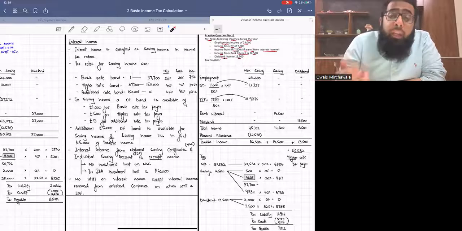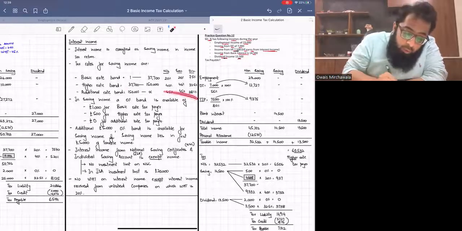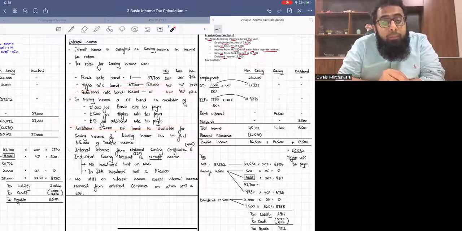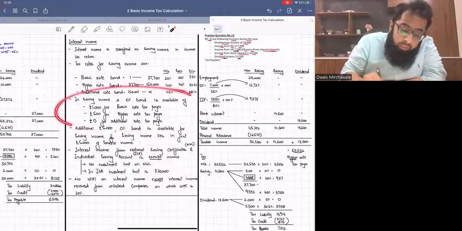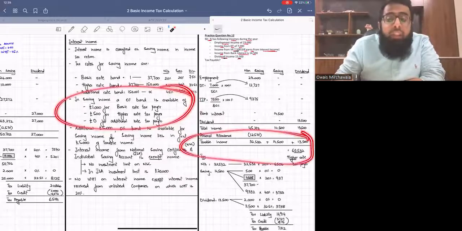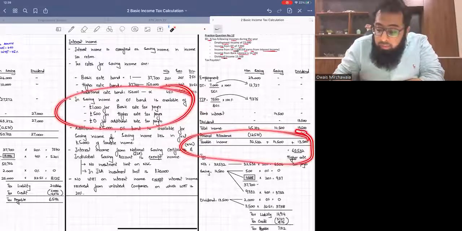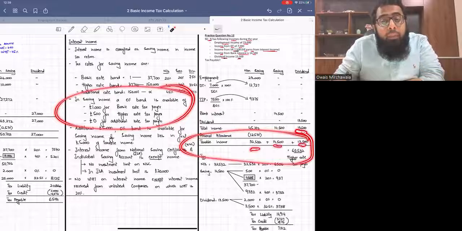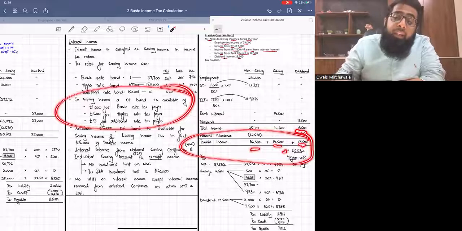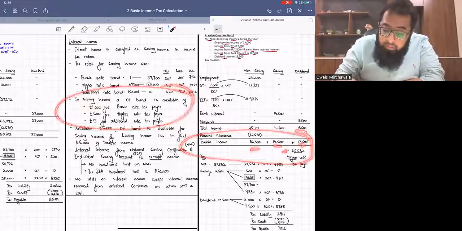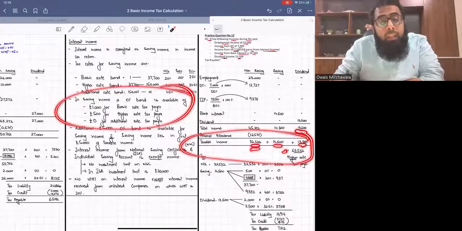Now, in order to determine the 0% band of saving income, we will add up all the taxable incomes and then look at whether it lies in the basic rate band, higher rate band or additional rate band. When we added up all the taxable incomes, the number was 60,532.